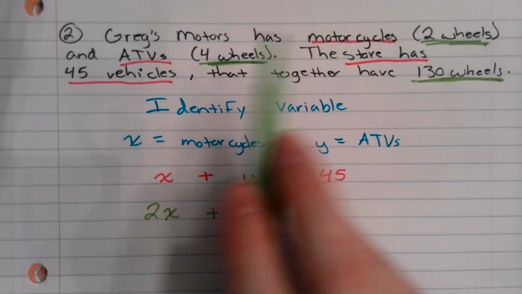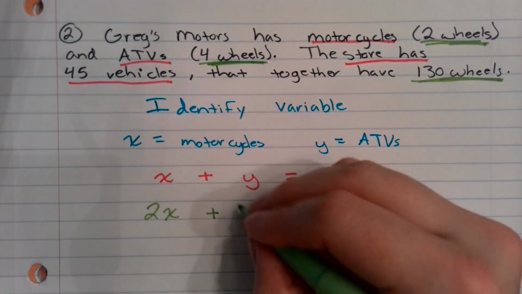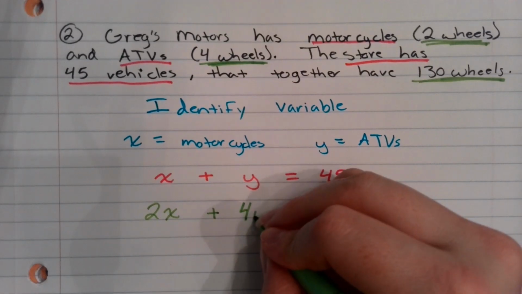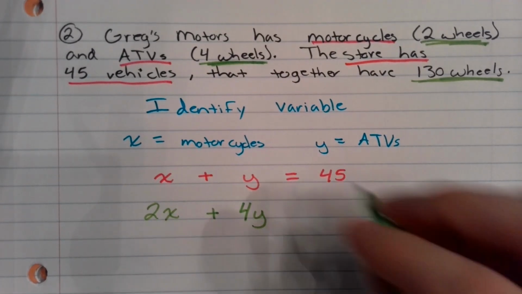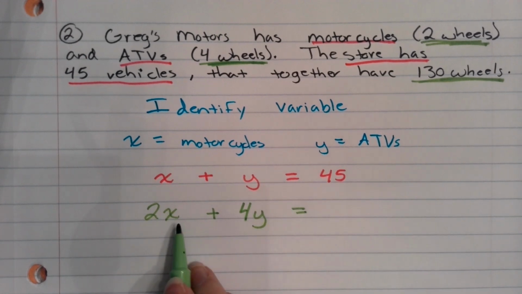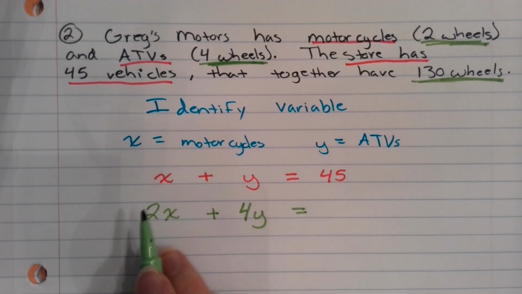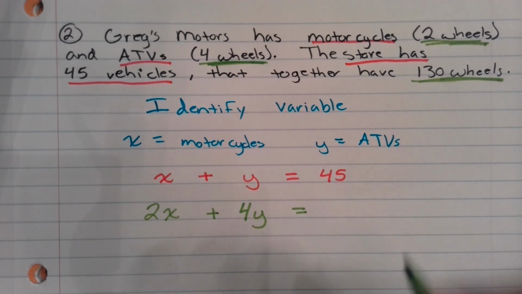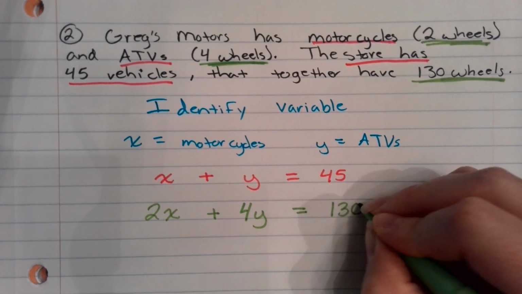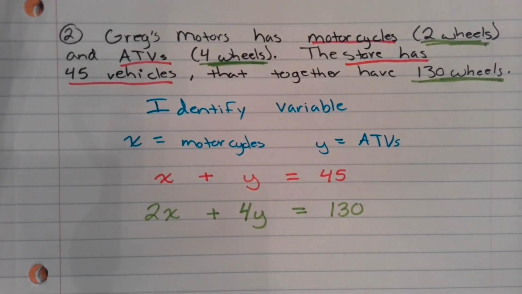Plus, my ATVs have 4 wheels each. That means I have 4y, 4 wheels per ATV. So if I take the number of motorcycles and multiply it by 2, and then take the number of ATVs and multiply it by 4, and combine that together, it gives me 130 wheels. Okay, and there's your system.